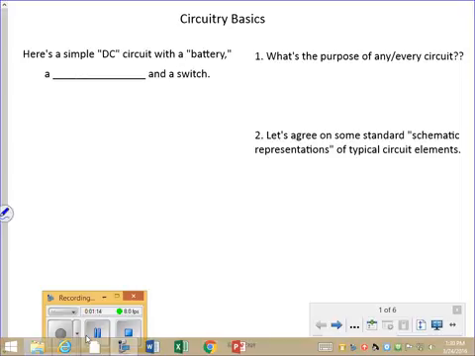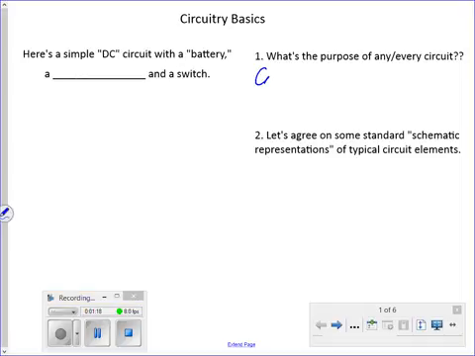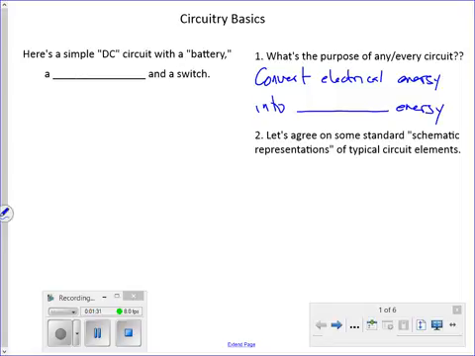So in general, the purpose of any circuit is to convert electrical energy into some kind of other energy, right? And this blank here and this blank here kind of go hand in hand.